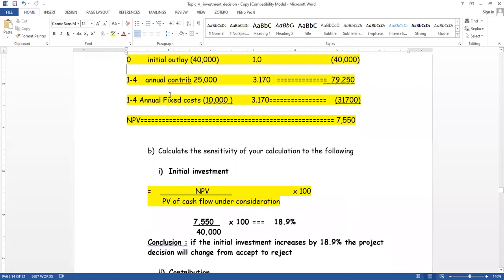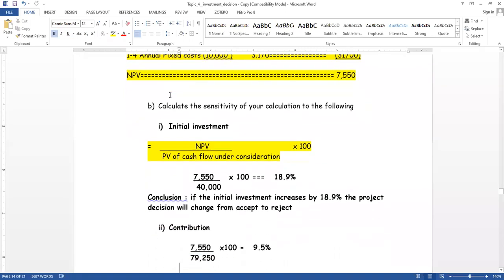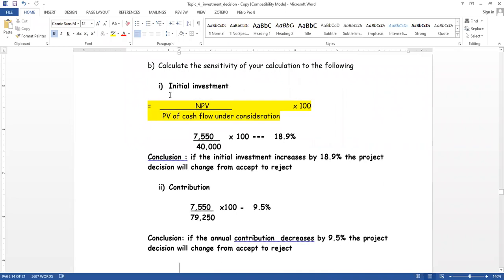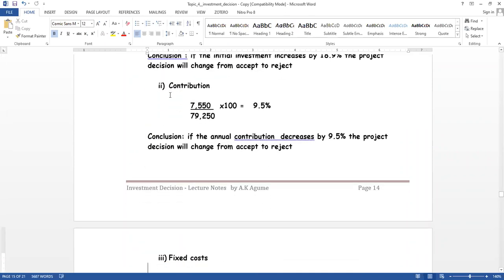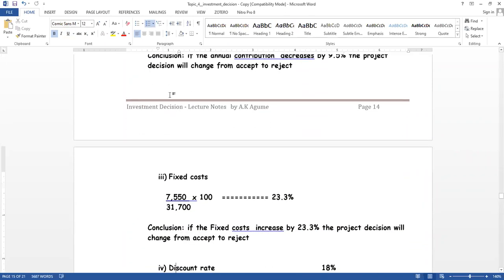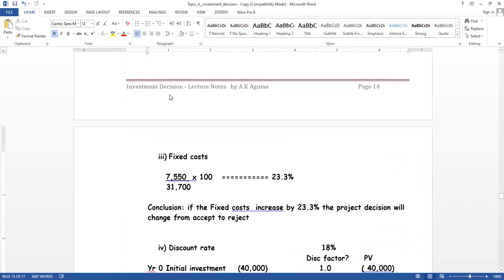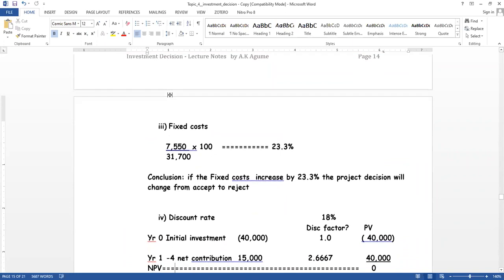Now, if I begin from here, initial investment, you see it was 18.9. That is a little bit higher, because if it is to increase by 18.9, you see it is a little bit high. Contribution 9.5. You come to fixed cost 23.